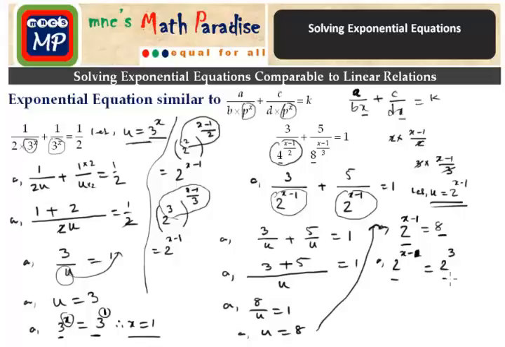So these two have a common base, so their powers, x minus 1 and 3, will be equal. So x minus 1 equals 3. If we take this minus 1 to the other side, it will become plus 1. Therefore we get x equals 3 plus 1, that is 4. So the solution of this exponential equation gives us x equals 4.